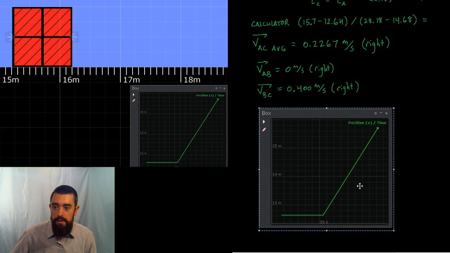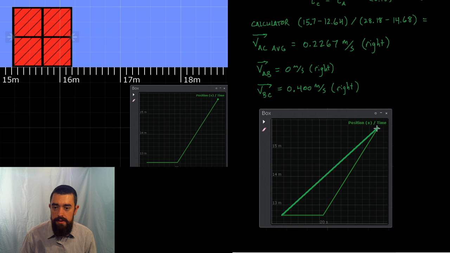So really, what did we do? What velocity did we find? We found the velocity from here to there.